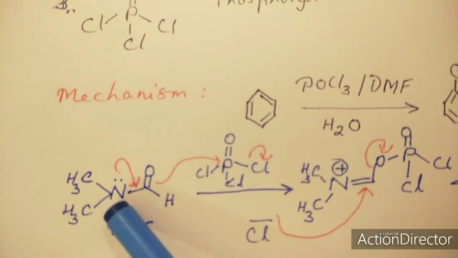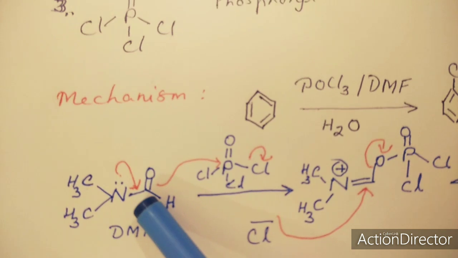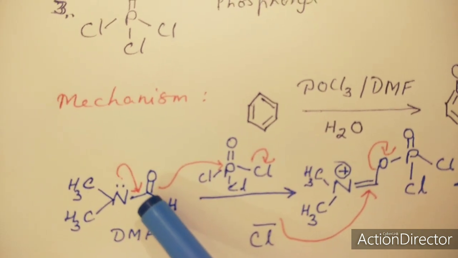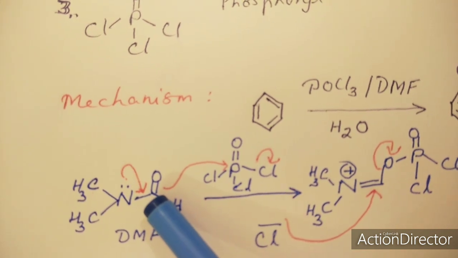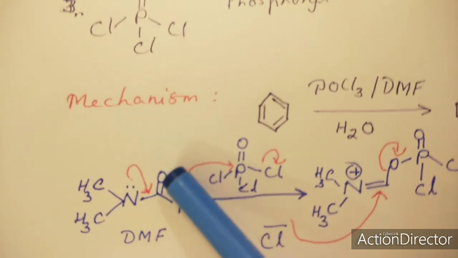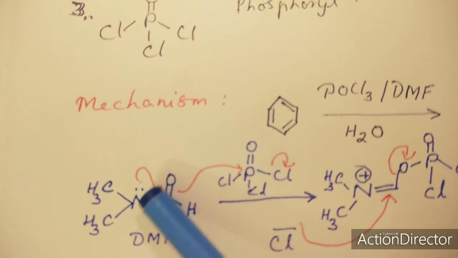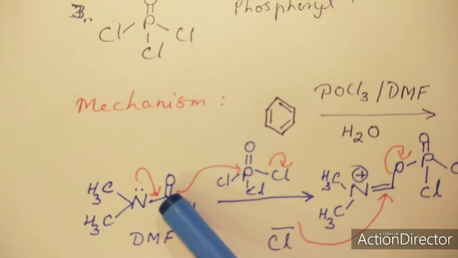This will be facilitated when nitrogen donates its electrons towards this carbon, because this carbon too is slightly positive, it's a carbonyl carbon, so electromeric shift, O negative, C positive. So this bond will be shared here. This will become N double bond C.